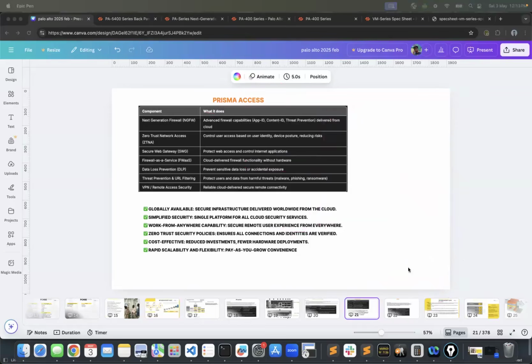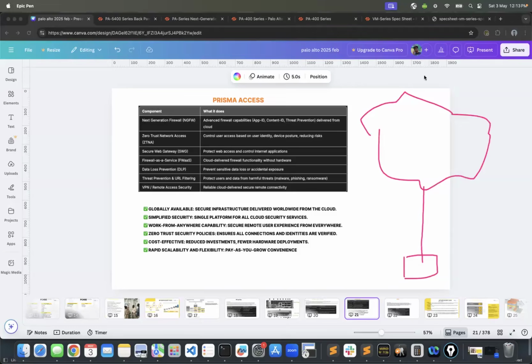What else can you do? Connect your infrastructure to a cloud which is owned by Palo Alto itself, and it's called Prisma. This is owned by Palo Alto. You just connect to it. In Palo Alto Prisma, they have different data centers, firewalls, availability zones, and everything across the globe.